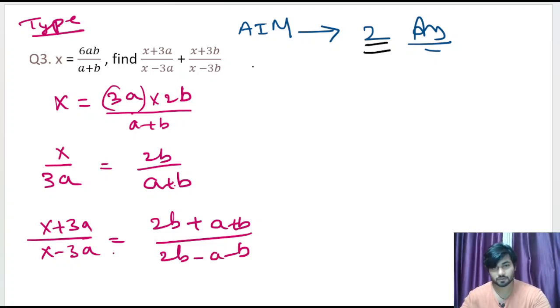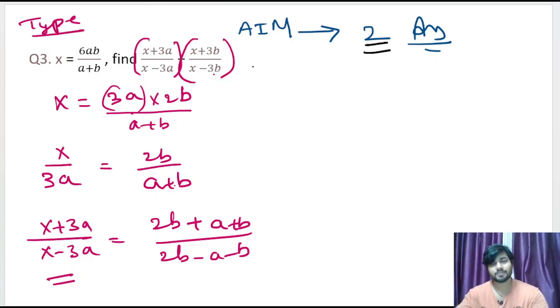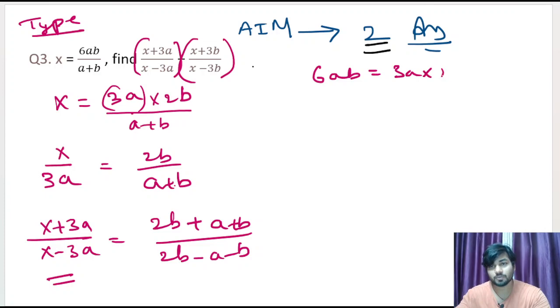Any issues? Why am I doing this? Because I need to find x plus 3a and x minus 3a. Again, when I need to find x plus 3b and x minus 3b, I will do that. I told you earlier that whenever the numerator is 6ab, you will break it into 3a into 2b, and you will not use 3a separately and 2b. You will use 3a because here it is 3a given, and again you will use 3b.